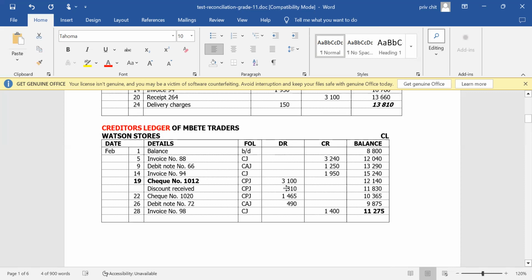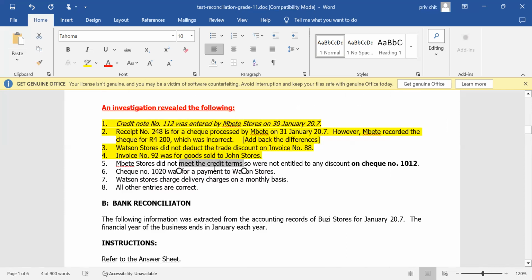So initially, we had subtracted this discount received of 310. That's why you see the balance was 12,140, it reduced to 11,830 after we subtracted this. But then we were not supposed to have subtracted it. Why? Because according to the creditor, we failed meeting our credit terms.